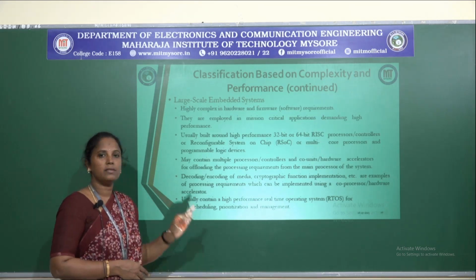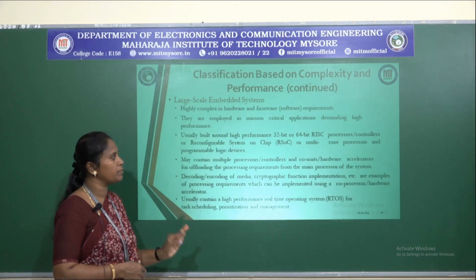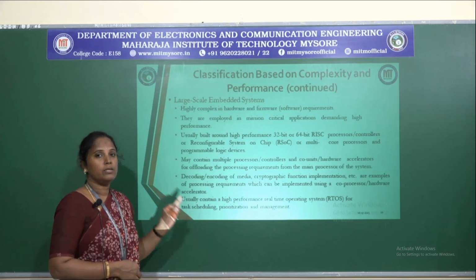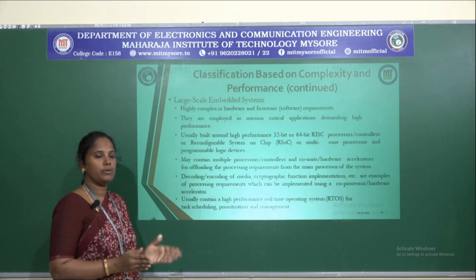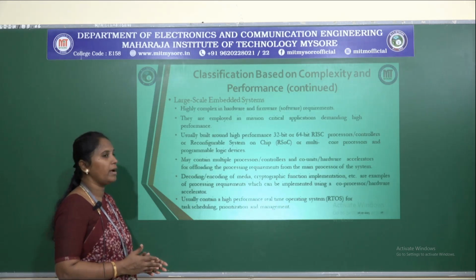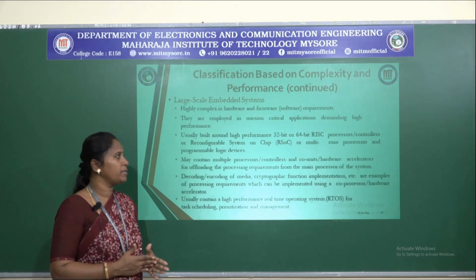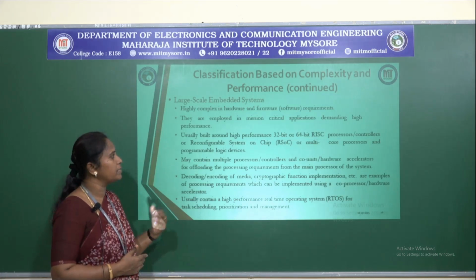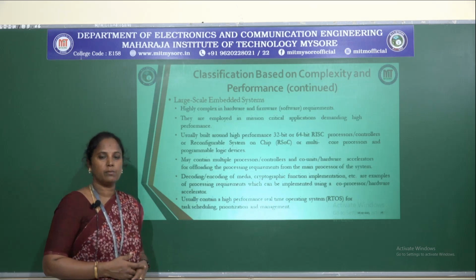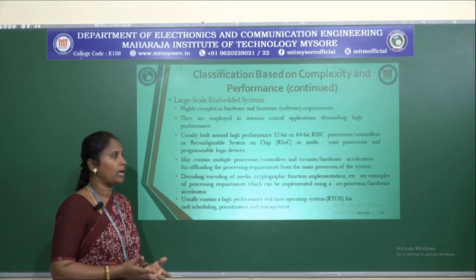RISC means reduced instruction set computing processors, where the size of the instruction set is reduced. So with few instructions you are programming, and the complexity involved with programming is reduced here. And also we have system on chip, that is reconfigurable system on chip. That means you can reprogram your chip.